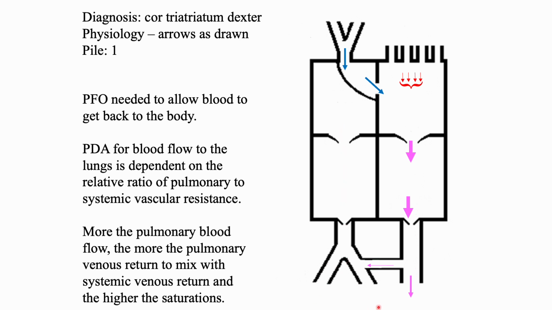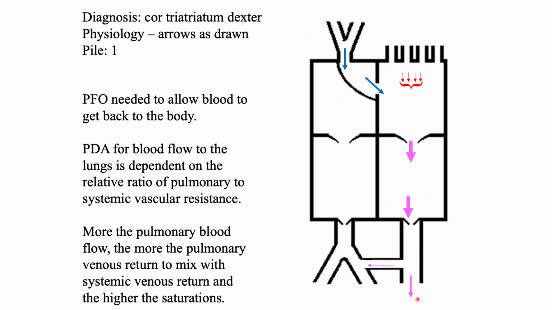And you can see that since nothing is going across the right side of the heart, blood flow to the lungs is dependent on the ratio of PVR to SVR. Blood is going to come here and then decide, do I go here or do I go here? Depending on the path of least resistance, it will go either to the lungs or to the body. So in this patient with cor triatriatum dexter, this is going to be a desaturated patient for sure.